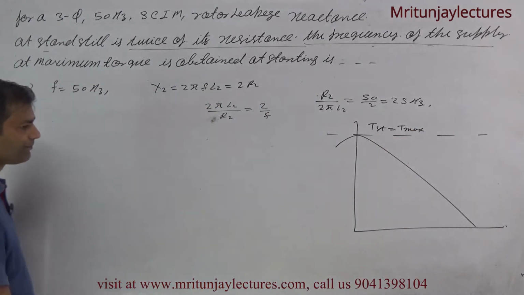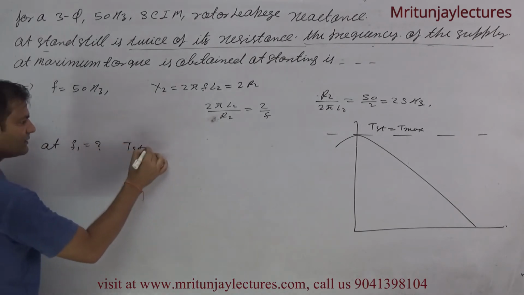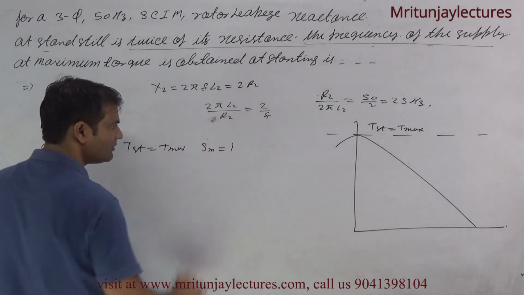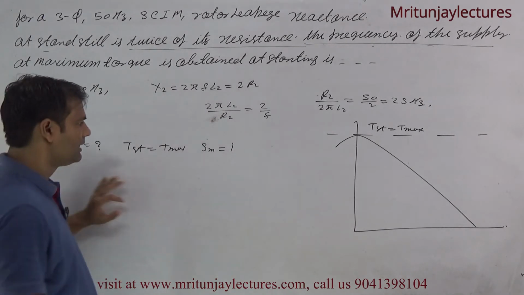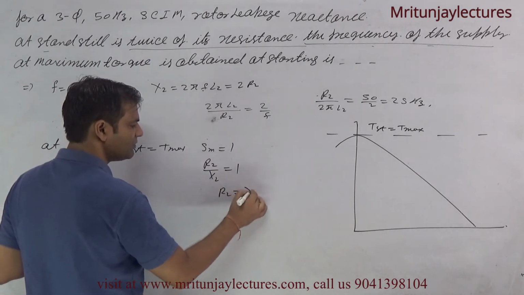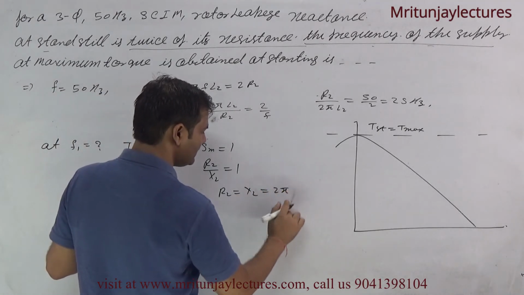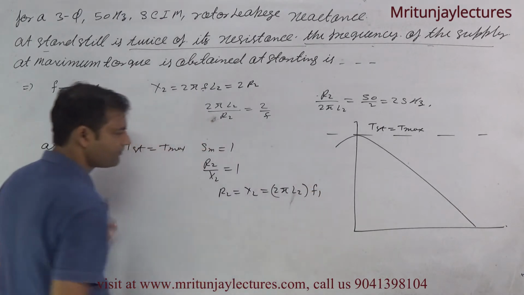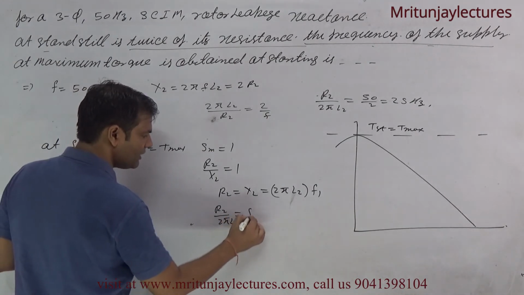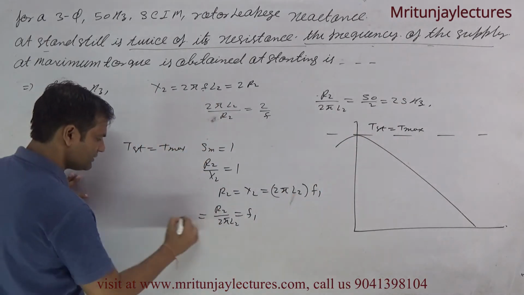Suppose we consider the frequency F1. The maximum torque corresponds to slip 1, and you know that Sm is R2 by X2 equal to 1, so R2 is equal to X2. X2 is equal to 2 pi L2 into F1, so R2 divided by 2 pi L2 is equal to F1, which is 25 Hz.